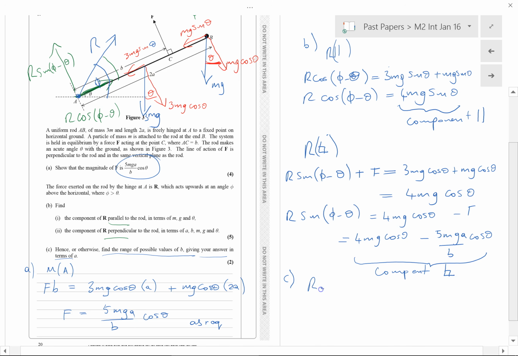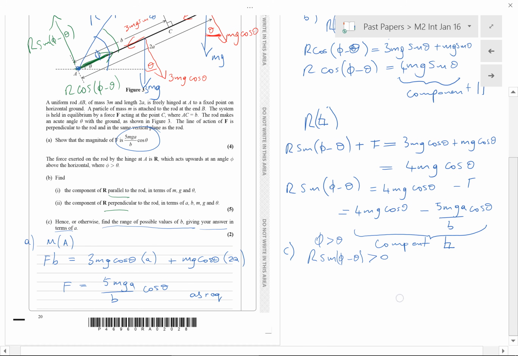So because phi is greater than theta, r sine(phi minus theta) has got to be greater than 0, otherwise we'll be taking the sine of a negative, which is negative. So that must mean that 4mg cos theta minus 5mga over b cos theta has got to be greater than 0.